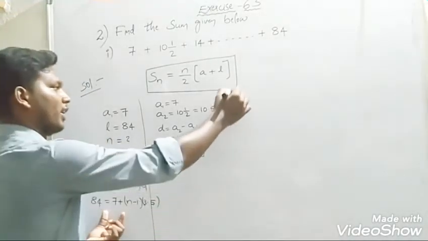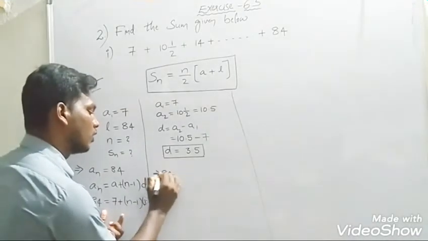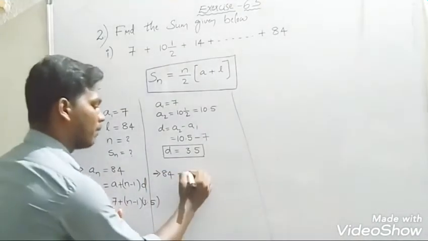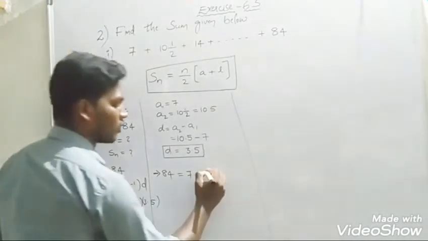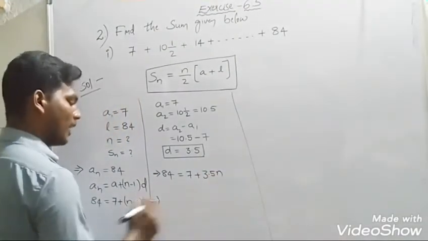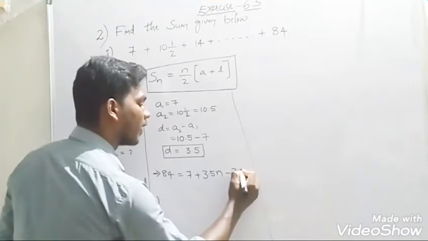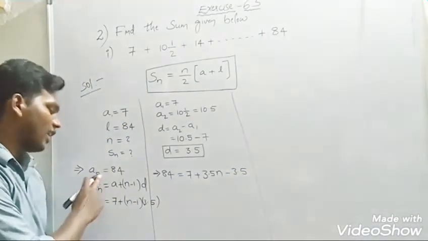So after substituting, we have 84 is equal to 7 plus 3.5 into n, friends. So it will be 3.5n minus 3.5. Okay friends, hope you understood. See here, an is equal to 84.